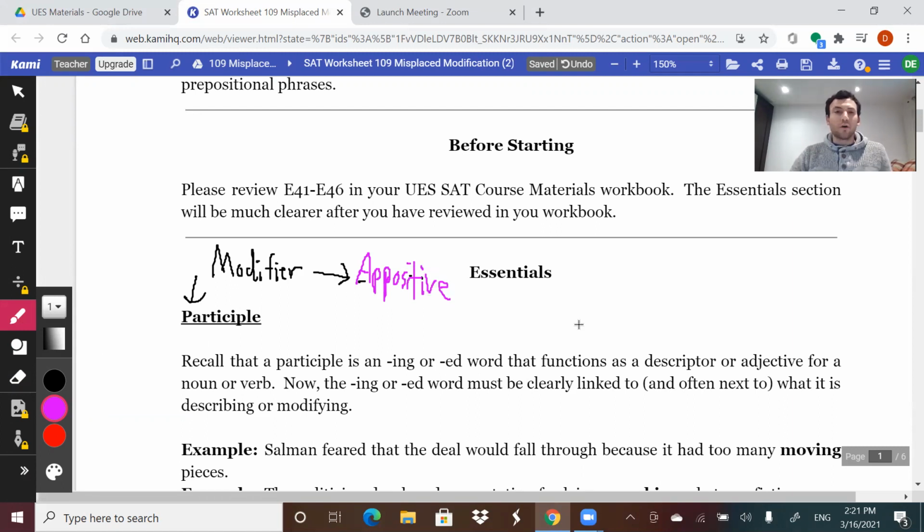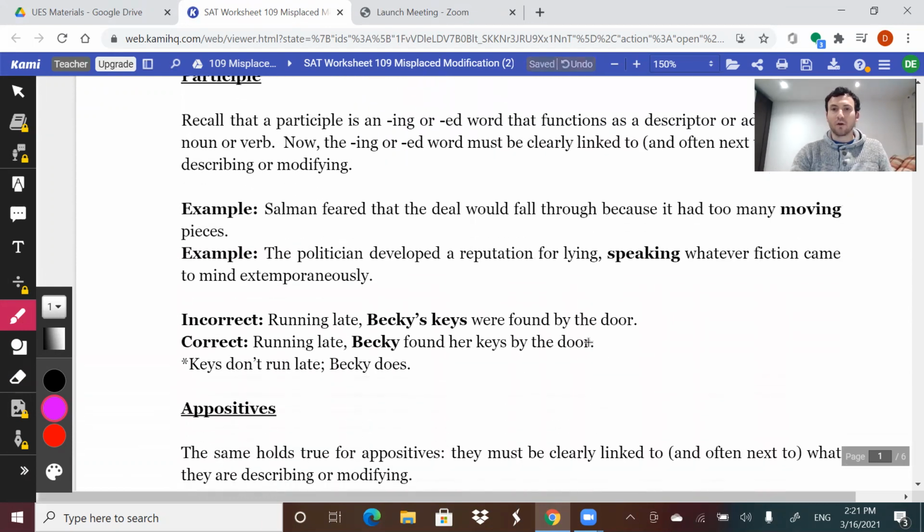Okay. So if you have a participle or an appositive, usually at the beginning of a sentence, it's describing a noun. So the only thing you have to check when you have this situation is to make sure that the noun that follows is actually the thing being described. If it's not, then that's what's called a misplaced modifier. It's modifying the wrong thing.